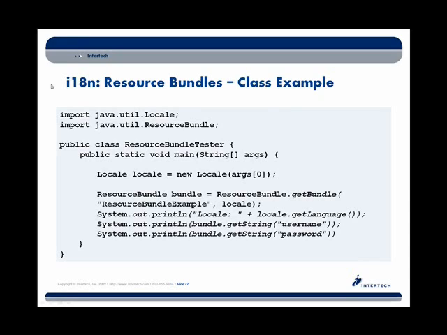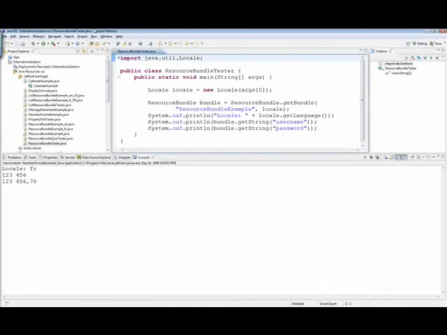So let's jump back to our real Java code example and pass in some locales. Okay, so here is our resource bundle tester, and what we'll do is create a locale, start with English, pass that in and see what gets printed out, and then we'll create one with French and see what gets printed out.